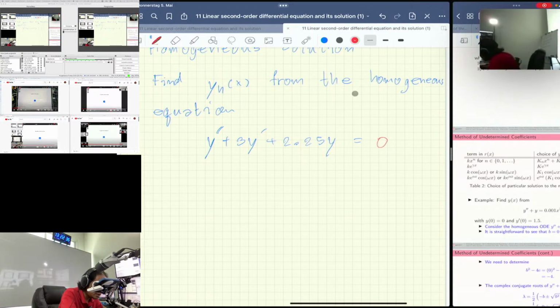Now we transform, convert the linear ordinary differential equation to the characteristic equation, right?